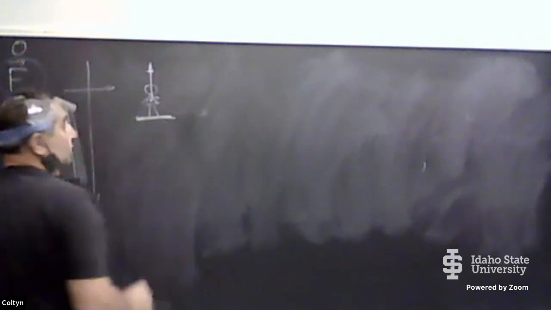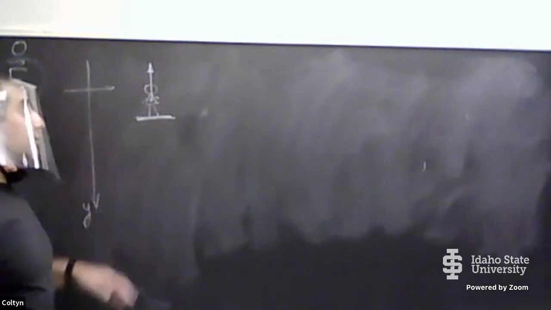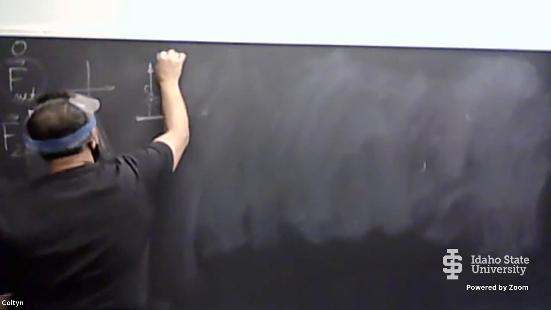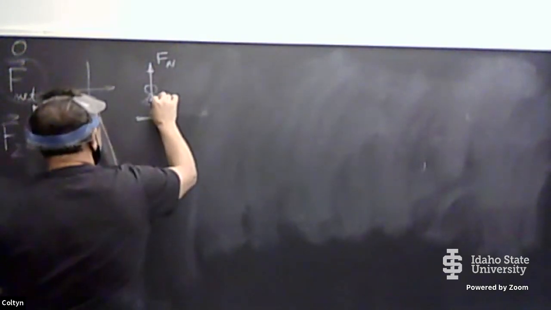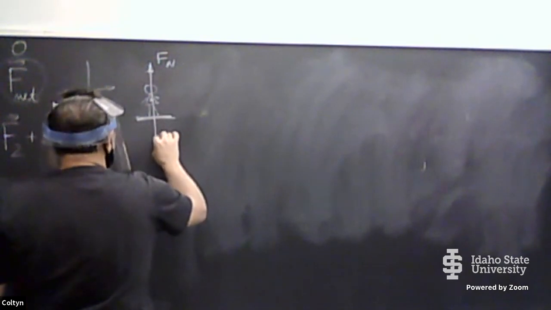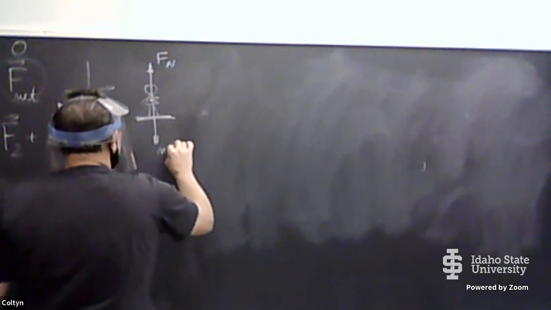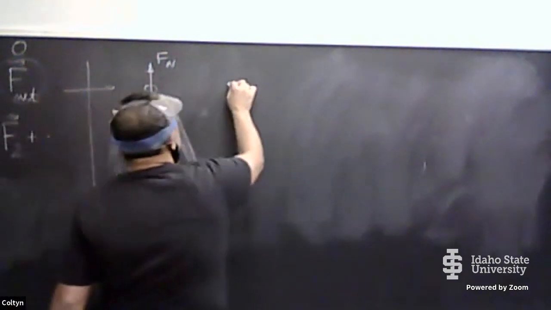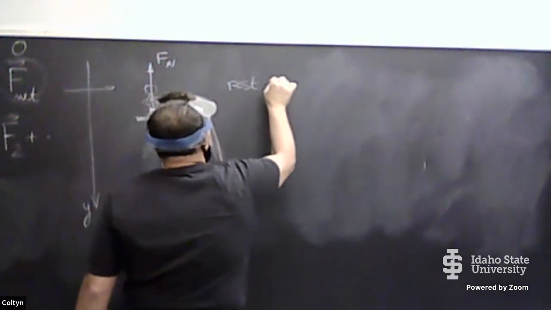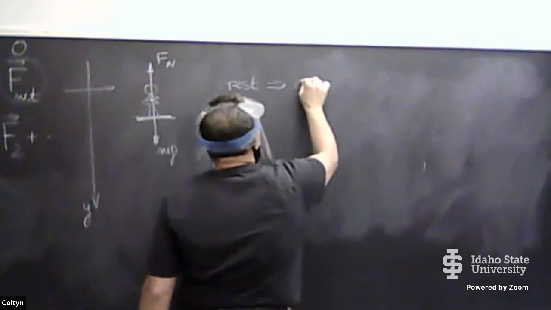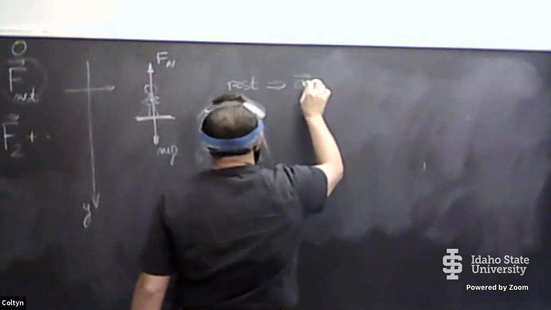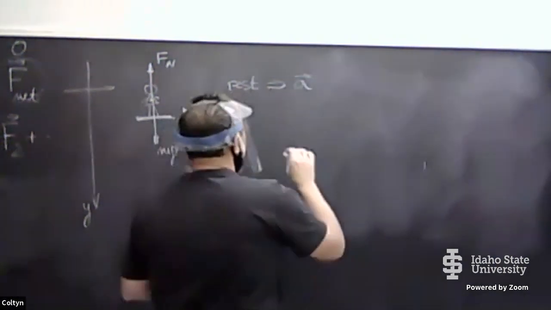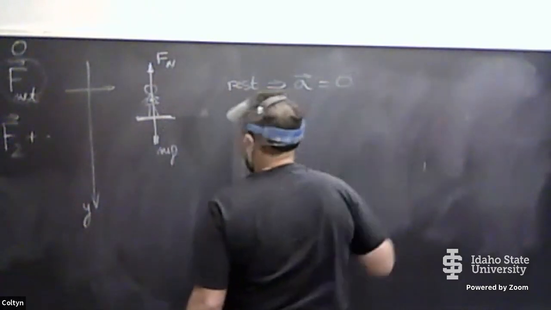Normal force from the contact of your feet with the floor of the elevator, and you have your own weight, the gravitational force, mg. You're at rest. Therefore, your acceleration, so constantly at rest, your acceleration is 0.